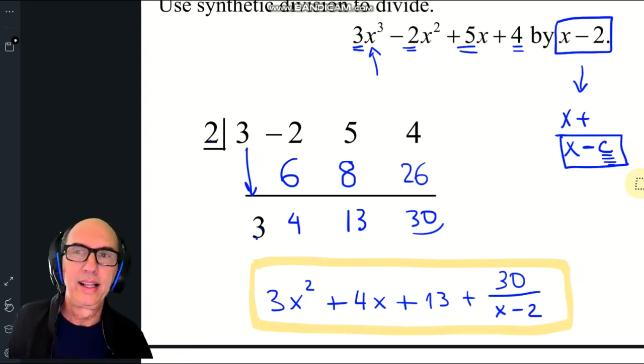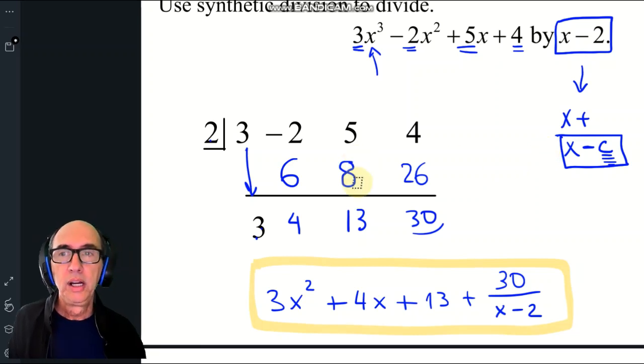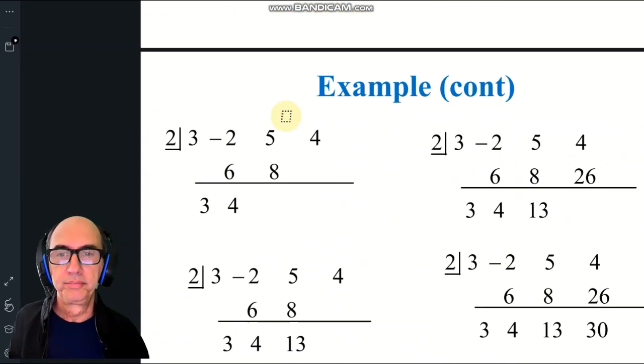So I don't like synthetic division that much, but students who will work with calculus in the future, or college algebra, sometimes have big expressions that they have to simplify and divide, and it might be helpful to use synthetic division.